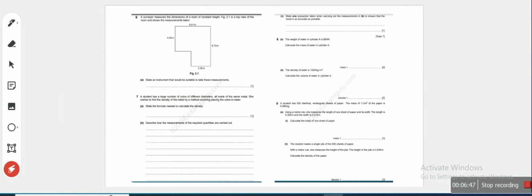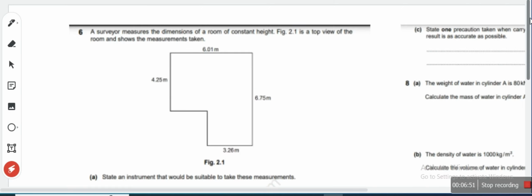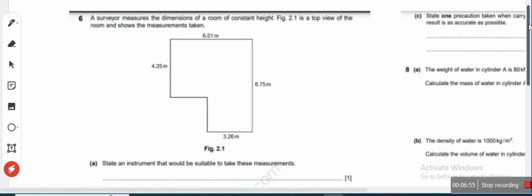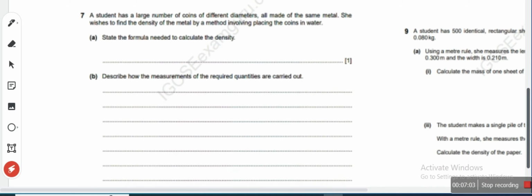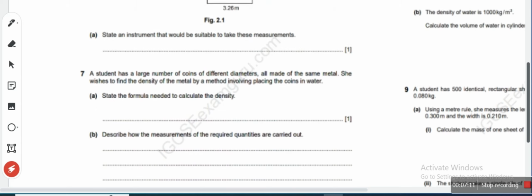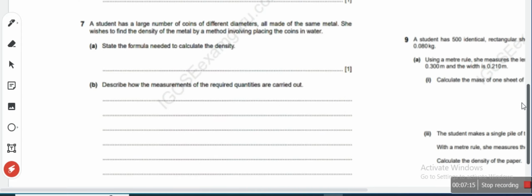Then there you have some more. You can find this. Pause and read it out and then practice. Look at this one, number 7. That's number 6, and number 7.